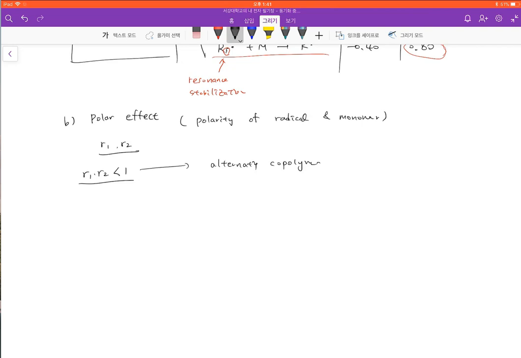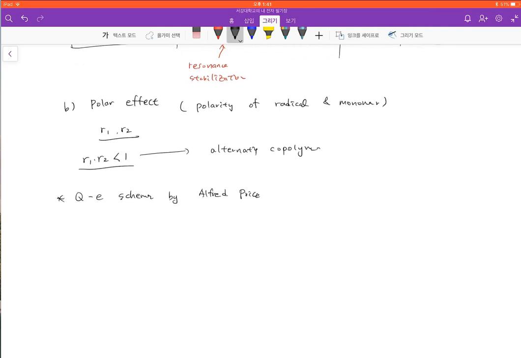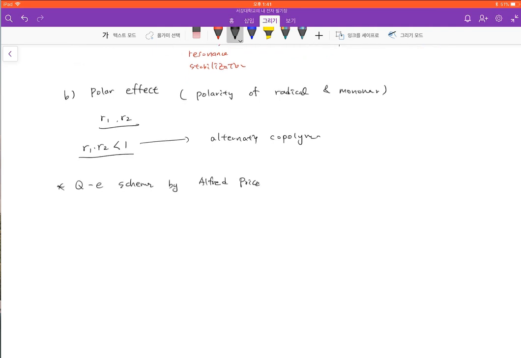Okay, so there has been an effort to quantitatively describe this radical-monomer reaction in terms of polarity, and one of them is called the QE scheme by Alfred Price.